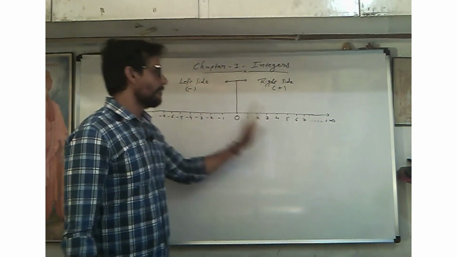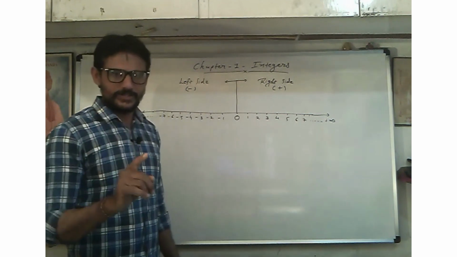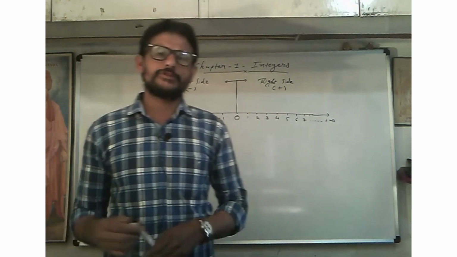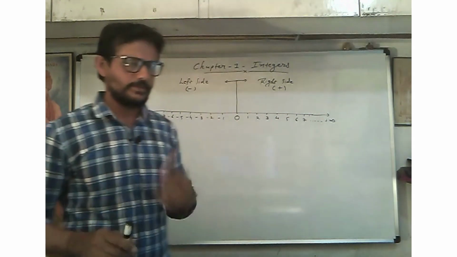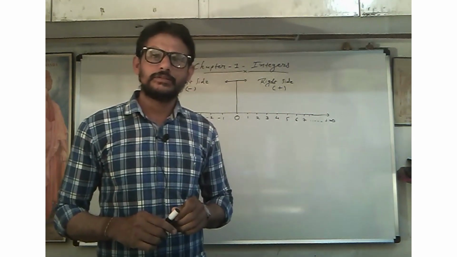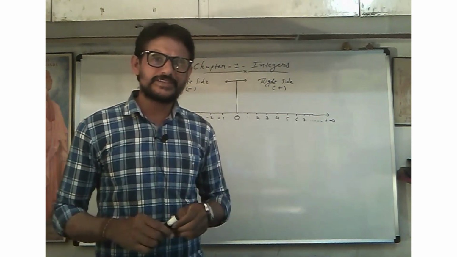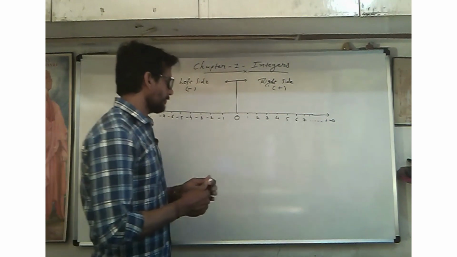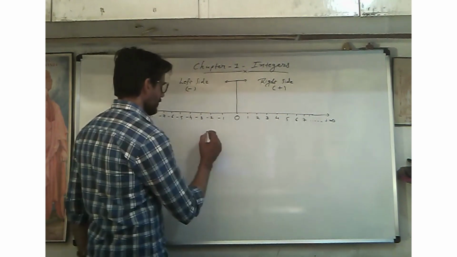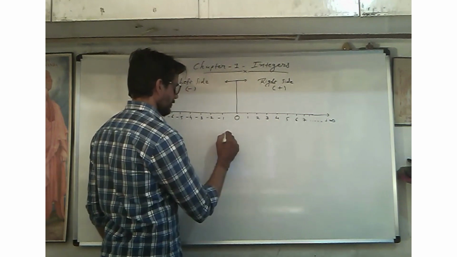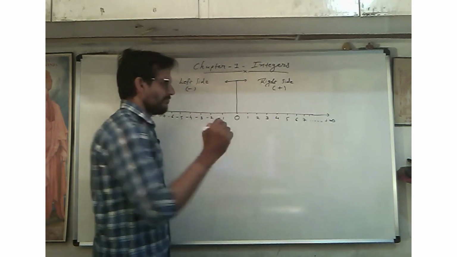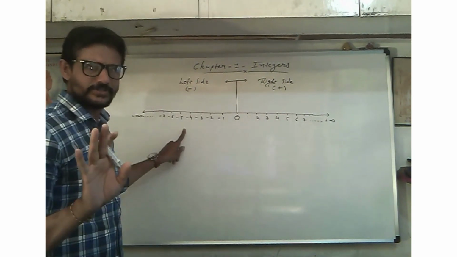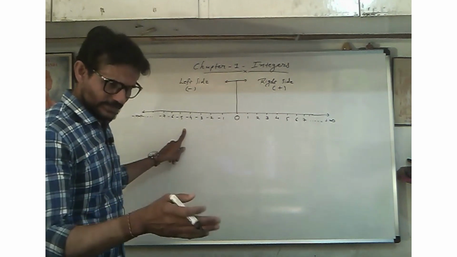Negative, positive are integers. There are many types of numbers. We have already done in previous class. Recall. Positive numbers and negative numbers. Is there any other numbers?